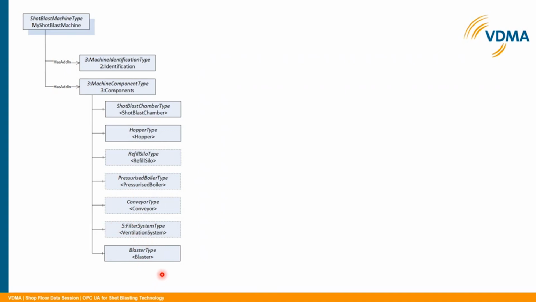So for each of these components that can be used here in this shot blast machine, we defined a specific object type, and all the information and all the parameters and variables that are necessary to monitor and control these components can be found inside of these objects. I will not give you an insight now in each of these objects because this is going to take too long. But in the end of my presentation, I will give you a short insight to the blaster type as an example for a component at this point.